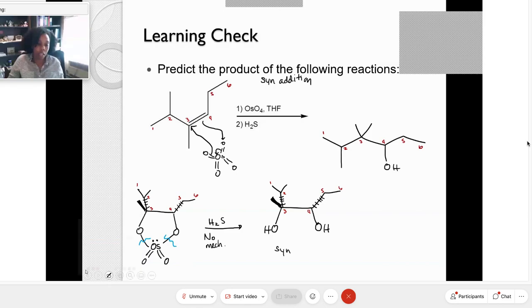All right, so looking at this, let's move 5, 6, let's just nudge it forward. And as we do that, that pushes the OH to the back. Just like we did before, same thing there.